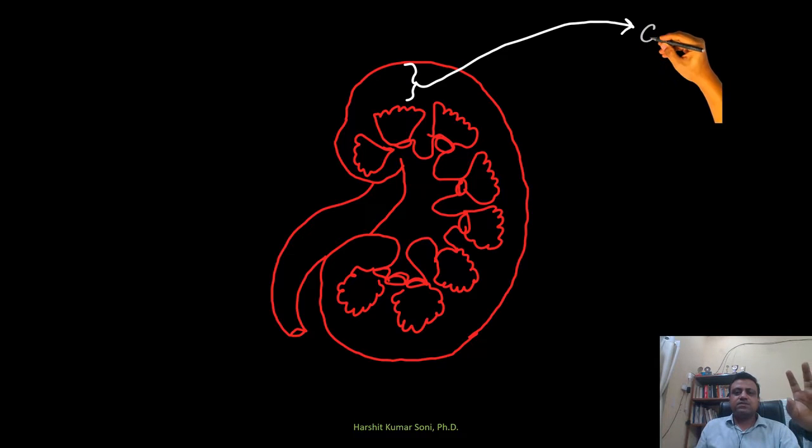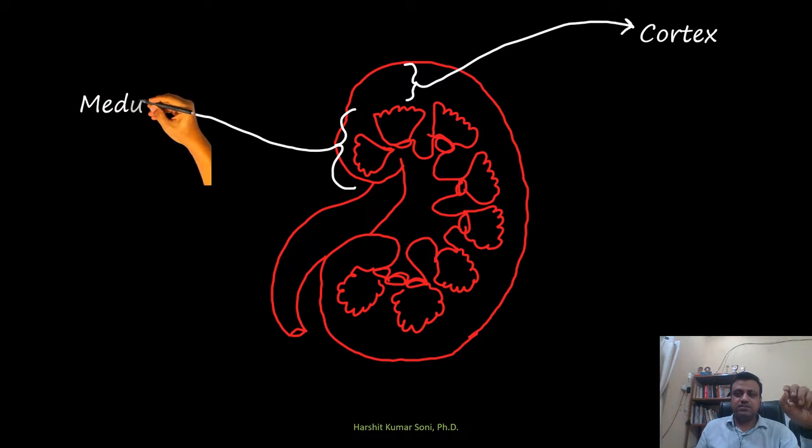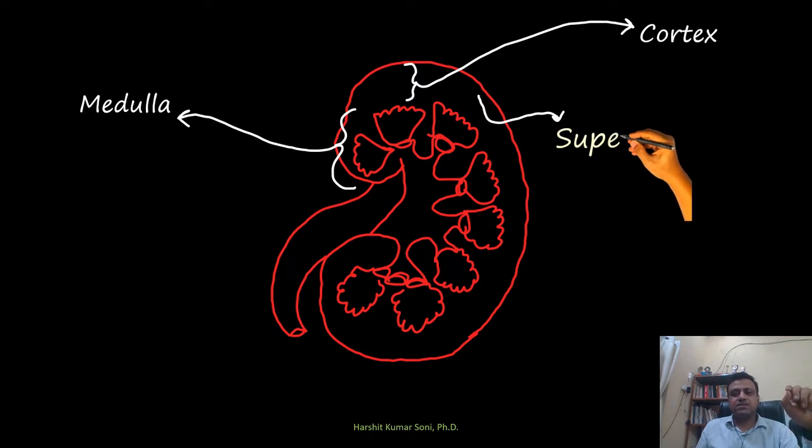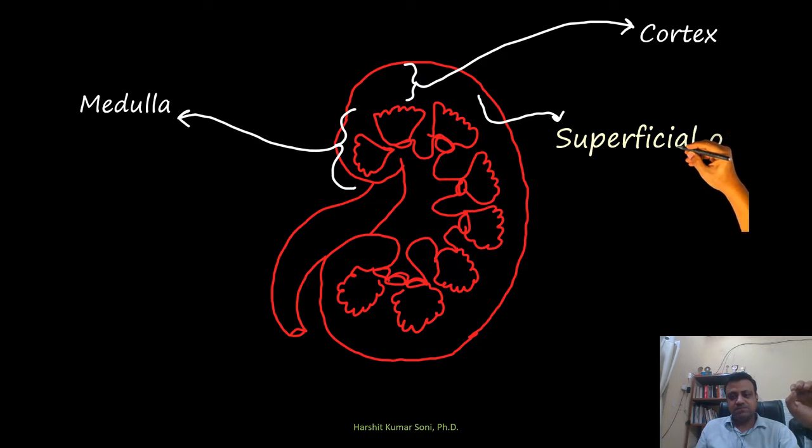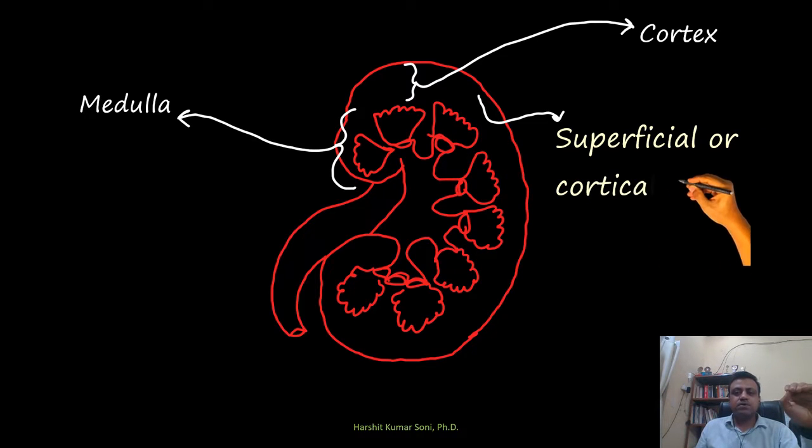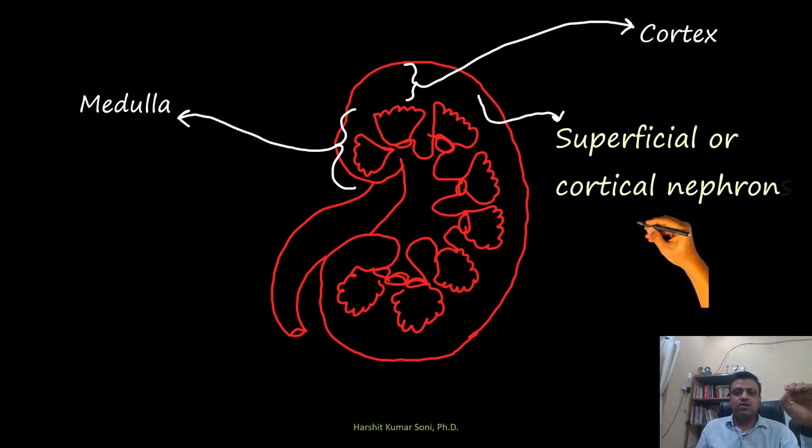This outer part of the kidney is called the cortex, and this part, in which the pyramids are present, is called the medulla. The nephrons present on the outer side are called superficial or cortical nephrons. They are about 85% of total nephrons.